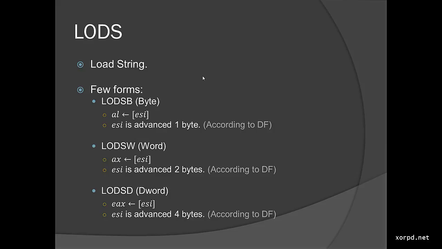However, this form reads the string. It goes to the location in memory pointed by ESI and then reads the value and stores it into AL, AX or EAX. So the two instructions, STOS and load_s, are somehow dual.